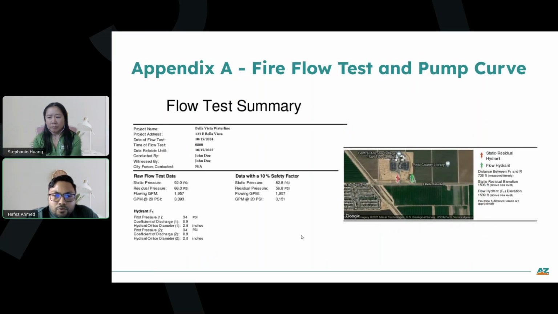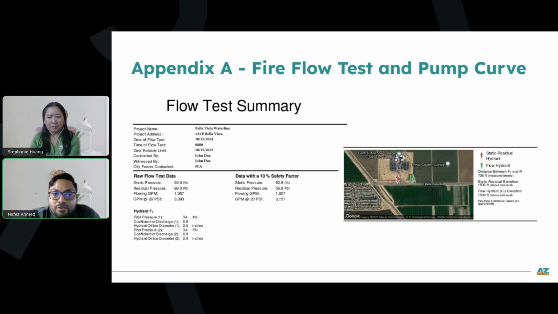So what do we want to see in the fire flow test results? This is a typical example that Stephanie already showed to you a couple of minutes ago, but I would like to emphasize a few important points here. First is the date. Usually fire flow test results need to be 1 year old, but if it exceeds more than 1 year, we typically require new fire test results, which is less than 1 year old, or a support letter from the local fire authority that states that the fire results are good or applicable as of today.